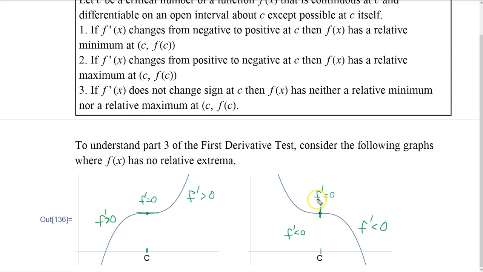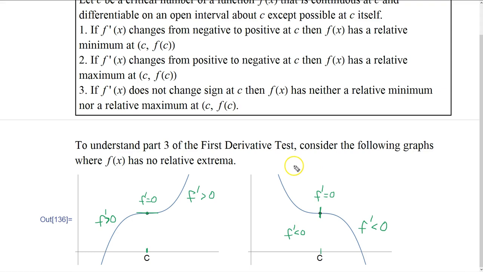So at this point, our derivative is 0, but we don't have a relative minimum nor a relative maximum. And notice that our derivative does not change sign. It stays negative to the left, and then it remains negative to the right of c. So that's another example of case 3.